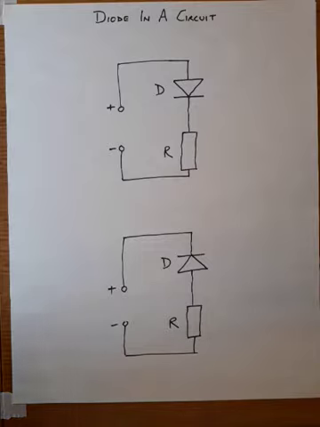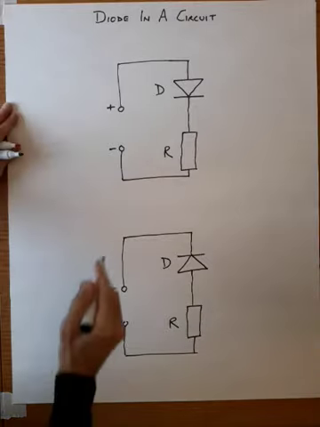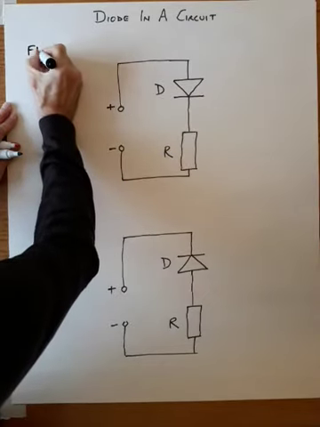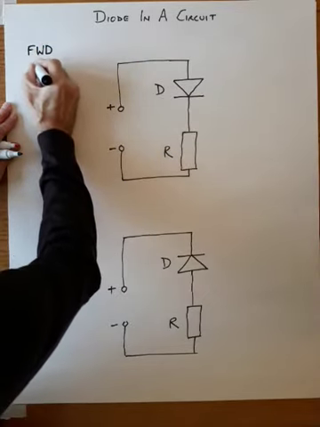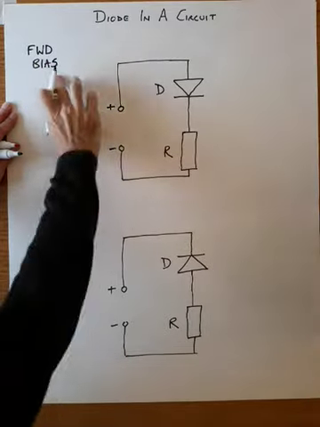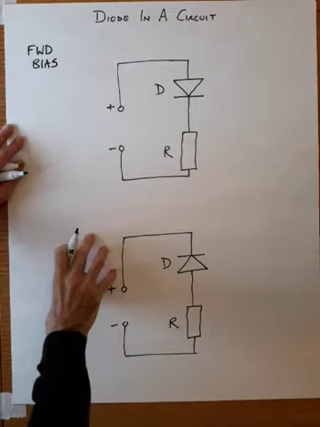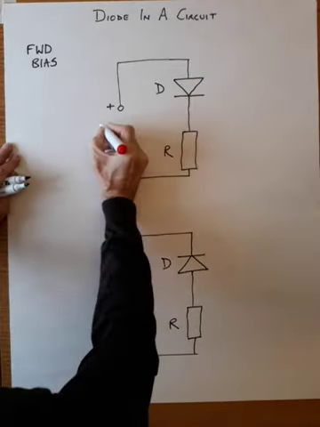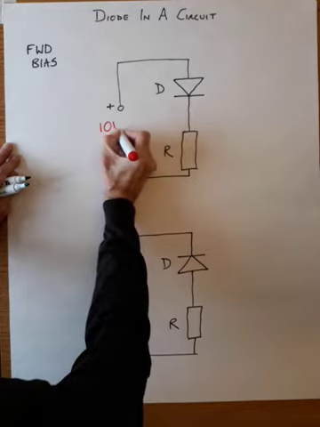Let's consider the operation of a diode in a circuit. Here we have what is called forward bias. In forward bias, we're going to make it conduct. So let us suppose, for example, I have a 10 volt supply.